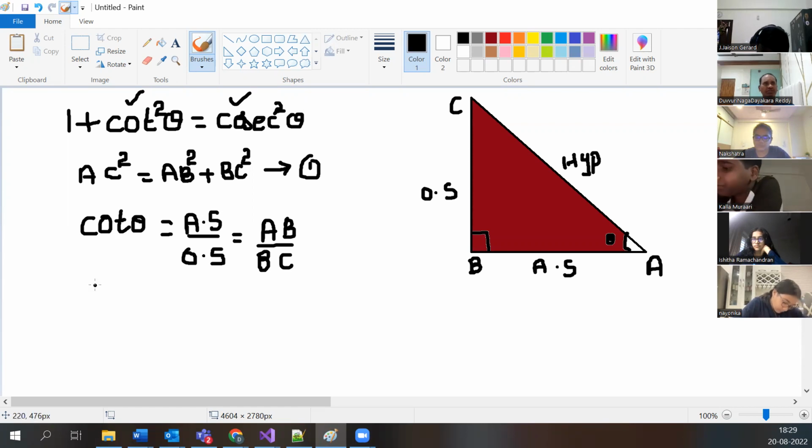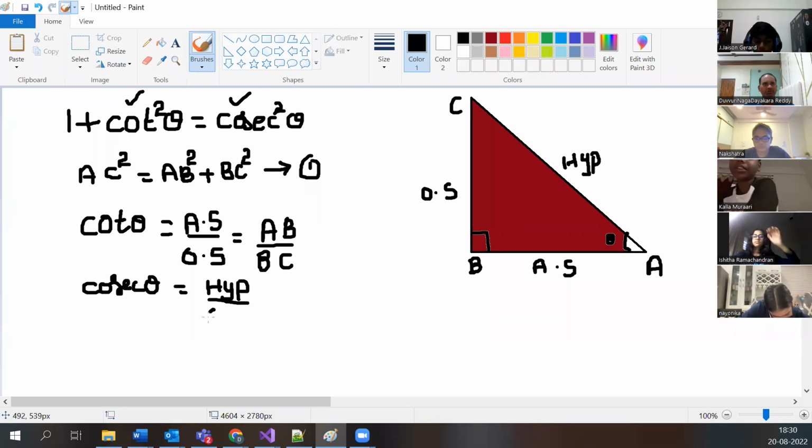Similarly, what is the definition of cosecant theta? Hypotenuse by opposite side. In this case, AC by BC whole square, or AC square by BC square. Hypotenuse value is AC. Opposite side value is BC. Please copy till now.